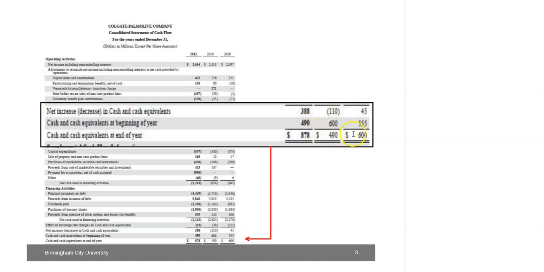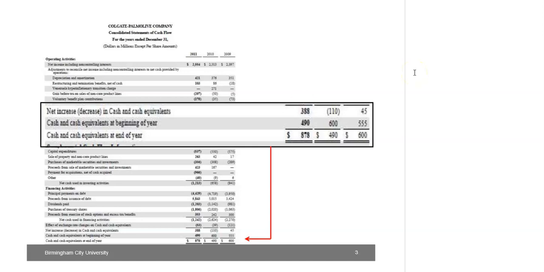If we look at the 3 year trend in cash, we see that the cash has increased in net by 323 million if we add up the net changes in cash over the 3 years. That is 45 million positive, 110 million negative, and 388 million positive in the year 2009, 2010, and 2011 respectively.